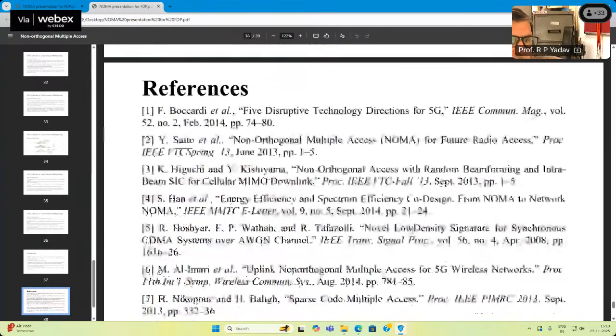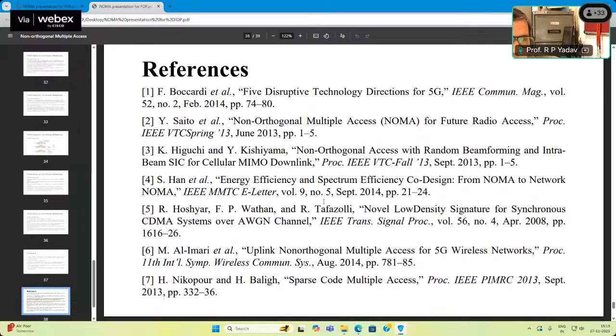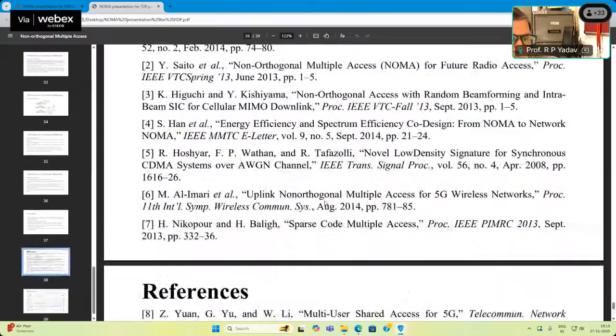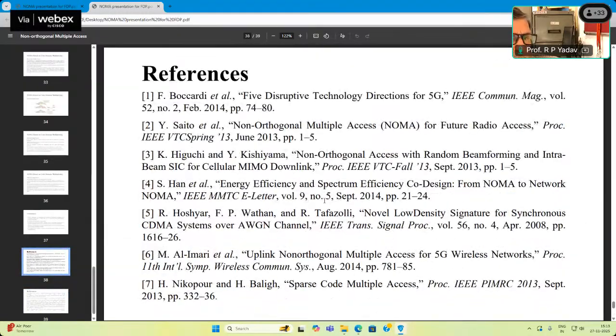These are some of the references I used. You can note them down. This is Boccardi et al., Five Disruptive Technology Directions for 5G, IEEE Communications Magazine, February 2014. Non-orthogonal multiple access for future radio, proceedings of IEEE VTC Spring, June 2013.